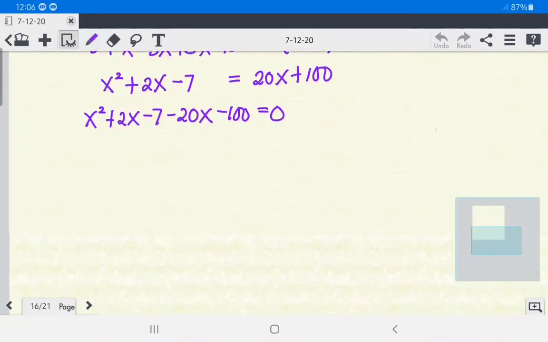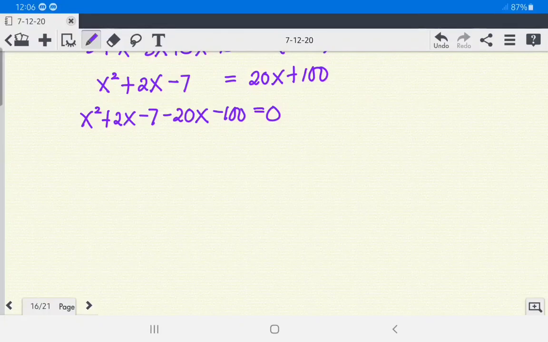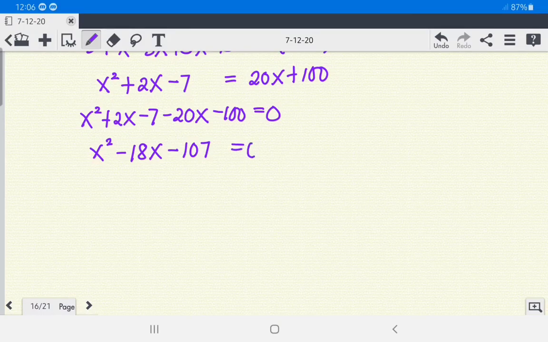Then we have here now x squared, then 2x minus 20x, that is negative 18x. Okay, then negative 7 minus 100, that is negative 107 equals to 0. So as you can see, this is now the quadratic equation in standard form. Okay?